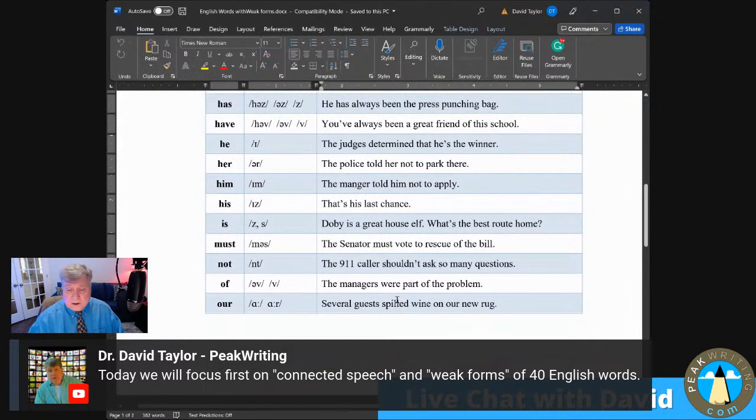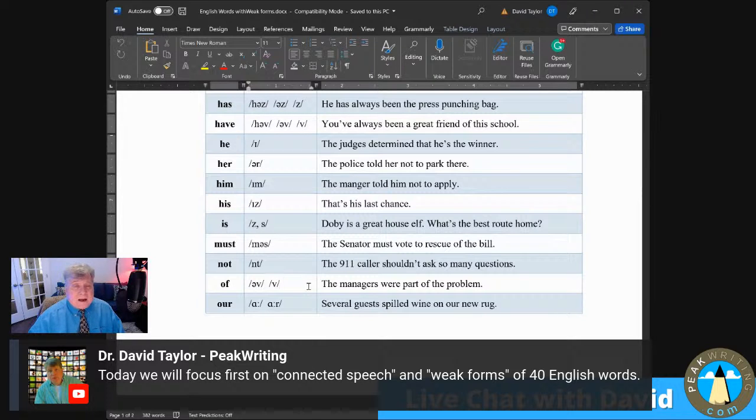Speaking of, let's look at "of." You get the same kind of reduction in this very common, very important word in English, where we go from "of" to that high back vowel, to either a schwa or no vowel at all.